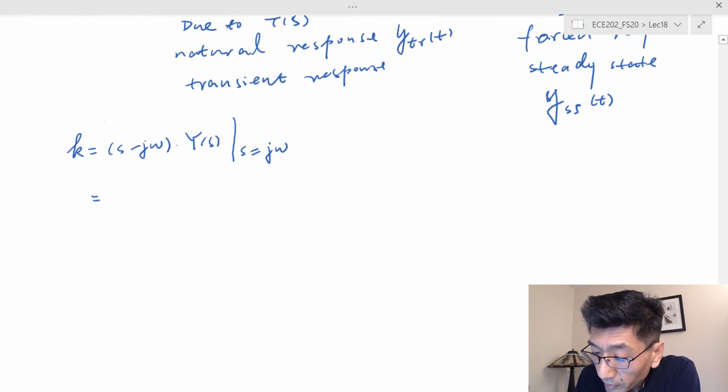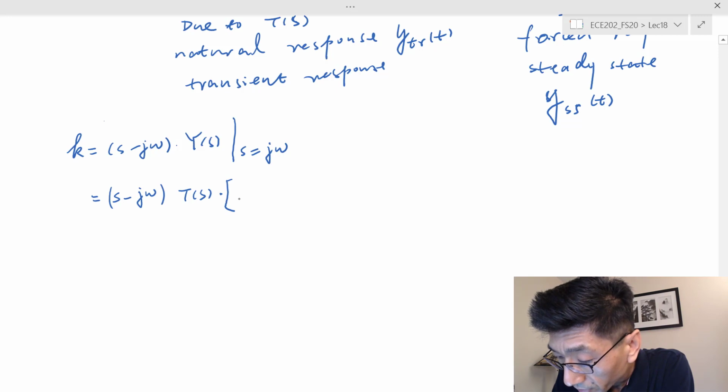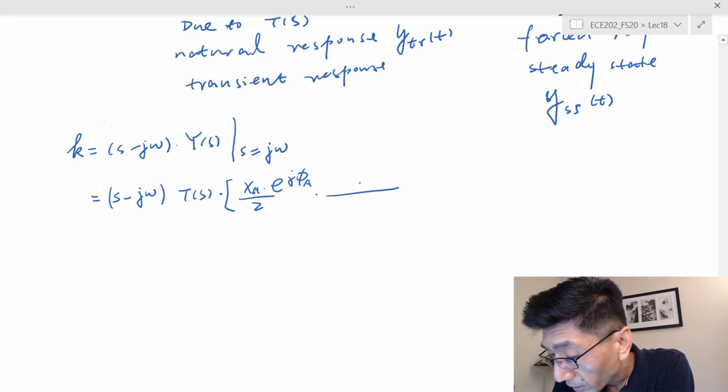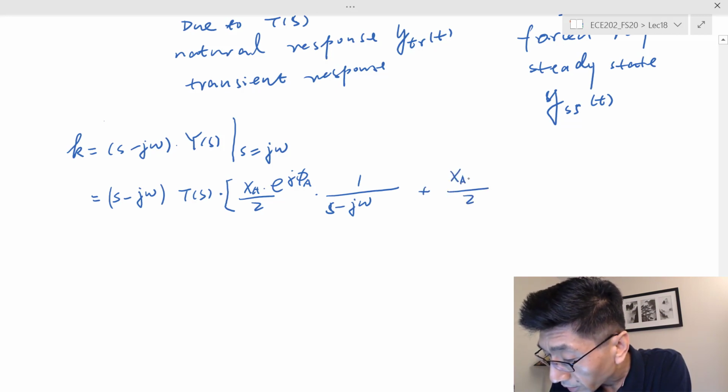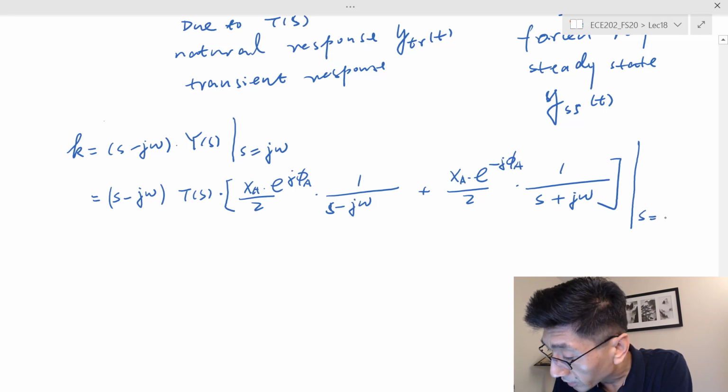Remember what X(s) is equal to: half X_a times e^(j phi_a) times 1 over (s minus j omega), plus half X_a times e^(minus j phi_a) times 1 over (s plus j omega), right? So we need to multiply this, and then we evaluate this at s equal to j omega.